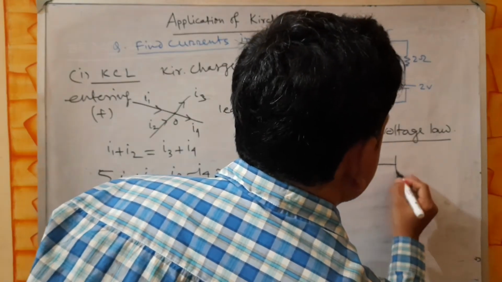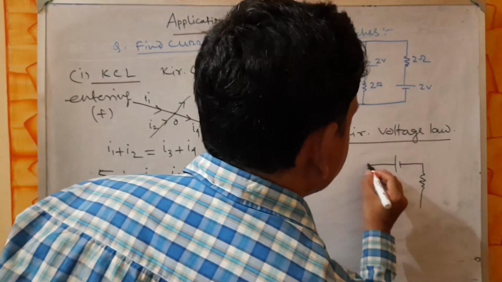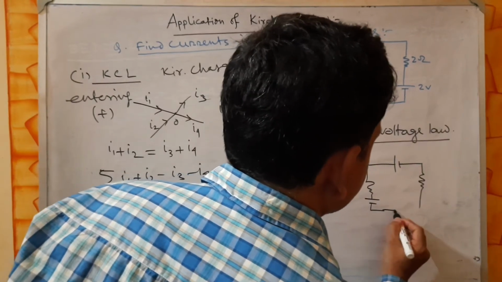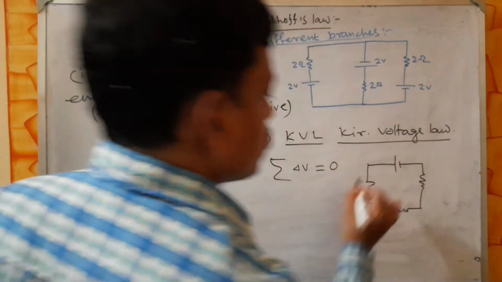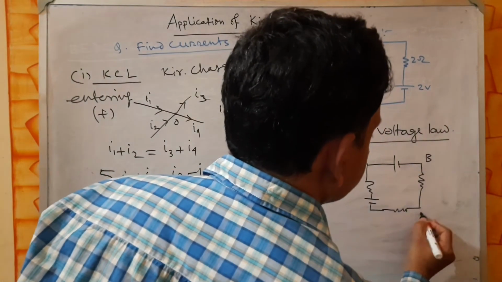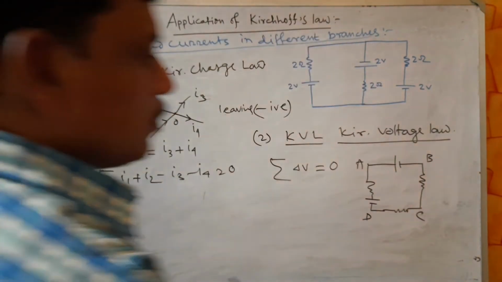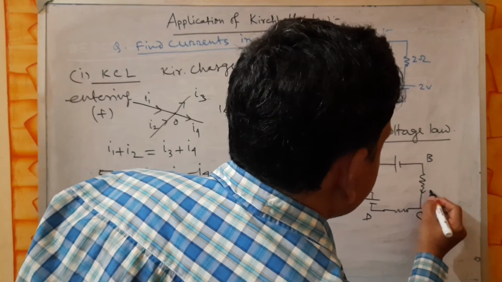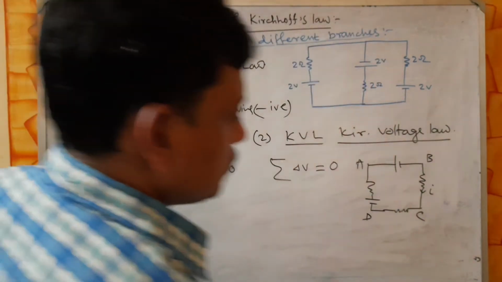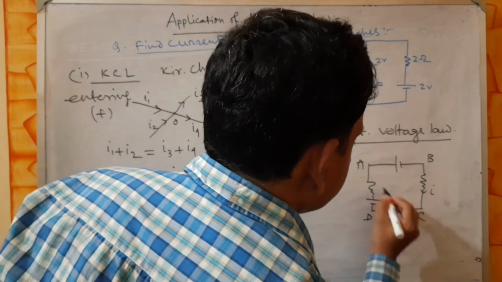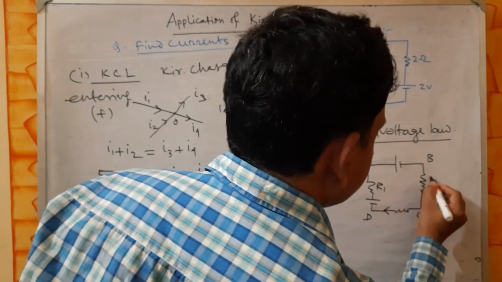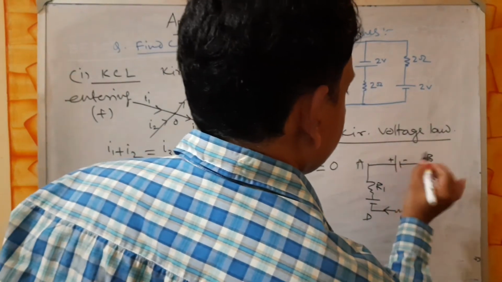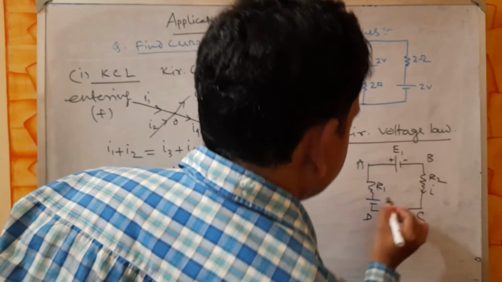Let us suppose the circuit diagram is a closed loop A, B, C, D, with current direction, say current I, and resistances R1, R2, R3, and EMFs E1 and E2.